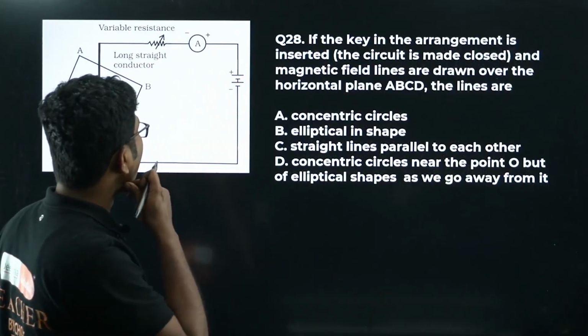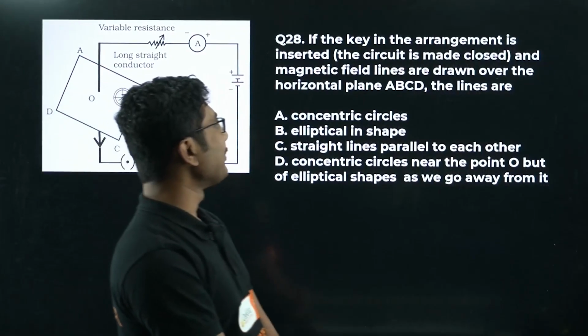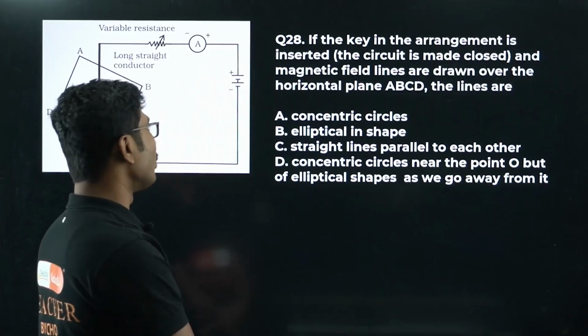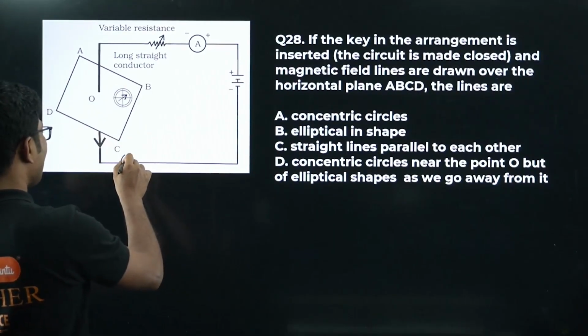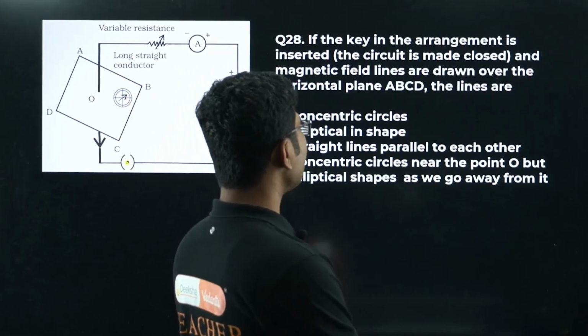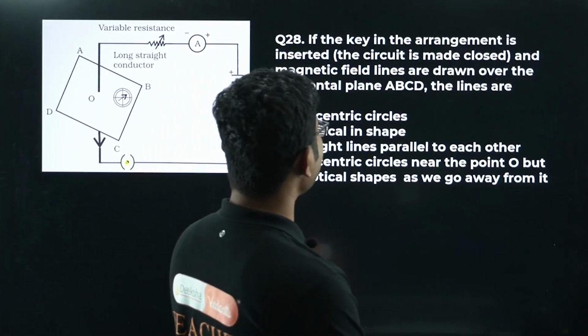Now, if the key in the arrangement is inserted, the circuit is made closed. So in this case, the circuit is closed here. You have inserted the key, and magnetic field lines are drawn over the horizontal plane ABCD.